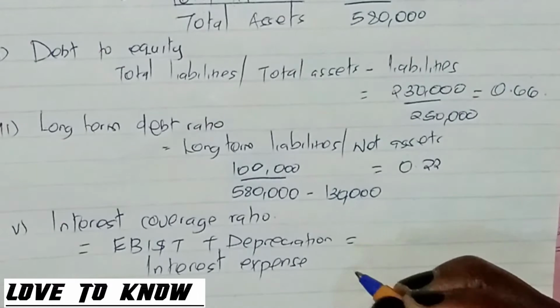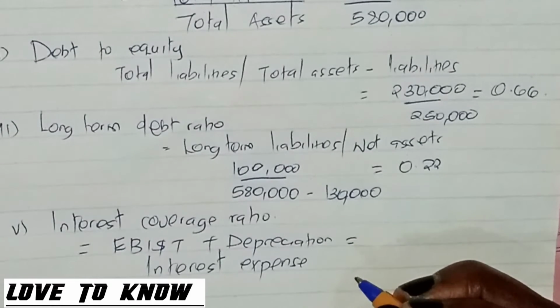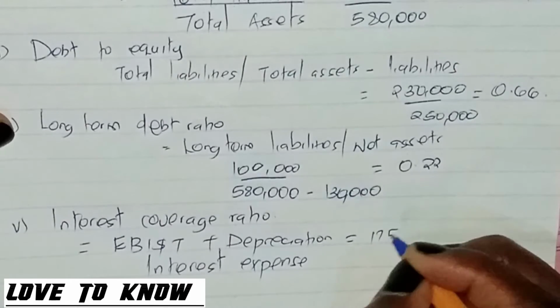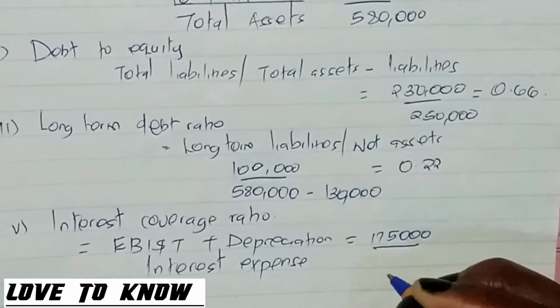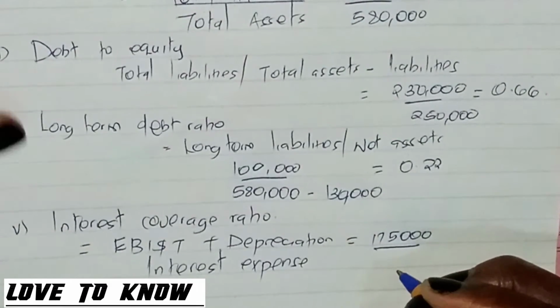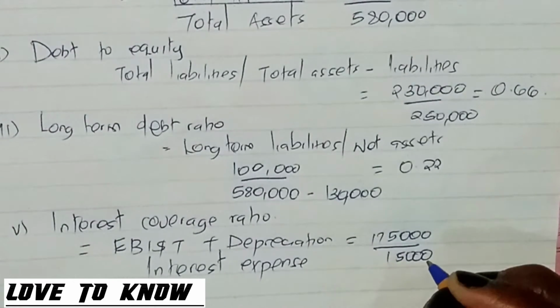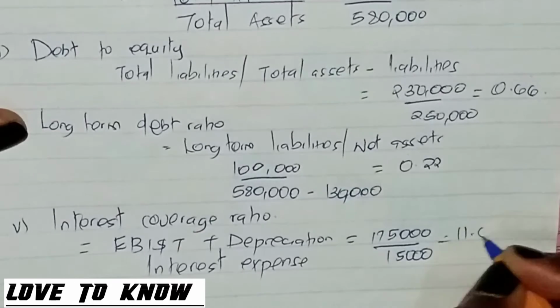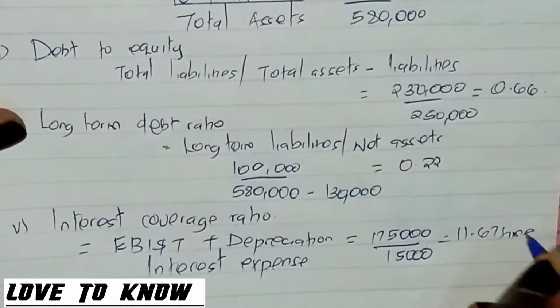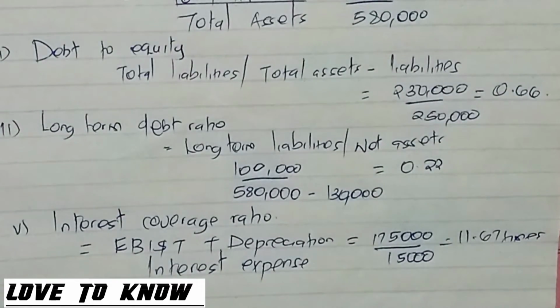This will be 175,000 divided by 15,000. This gives 11.67 times. That's the end of the leverage ratios.